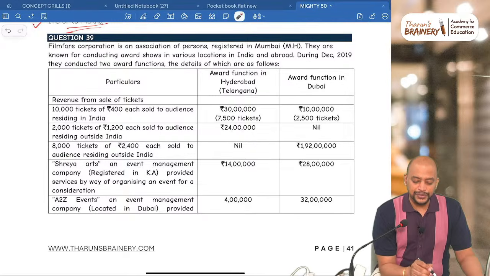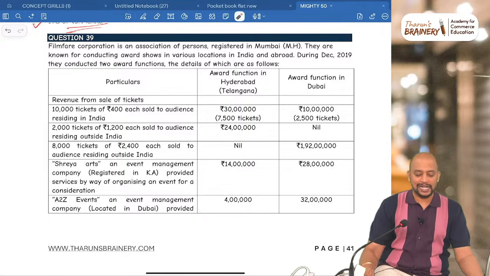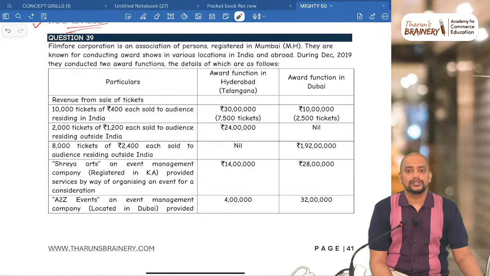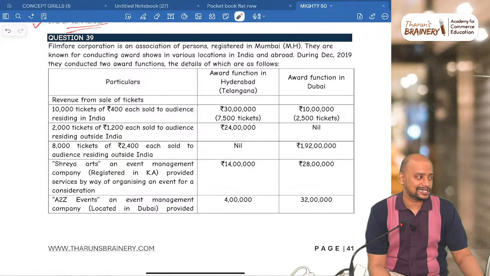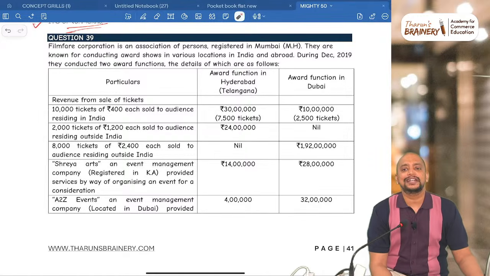Then next one: 8,000 tickets of 2,400 each sold to audience residing outside India with respect to the award function in Dubai. Again, this 2,400 is not covered under the exemption. Now we check: location of supplier Maharashtra, location of recipient outside India, place of supply under section 13 is location of event, that is Dubai. Supplier in India, recipient outside India, place of supply outside India.